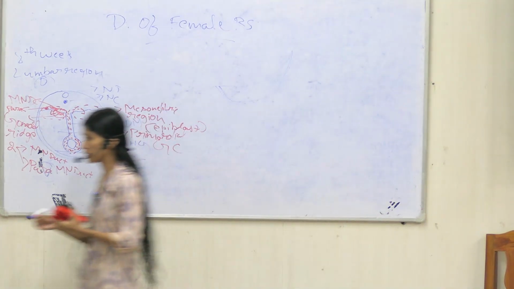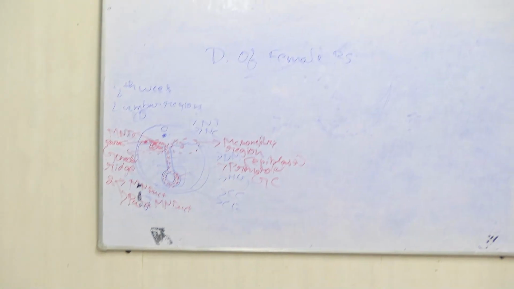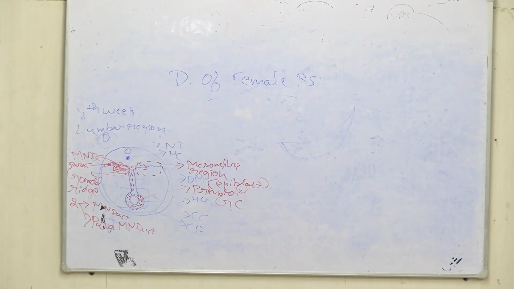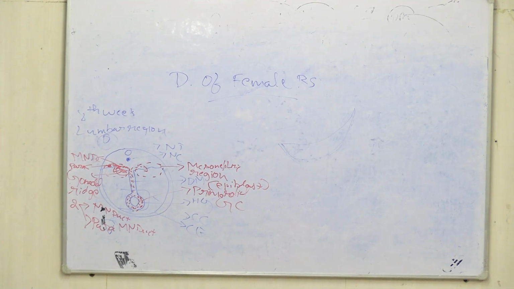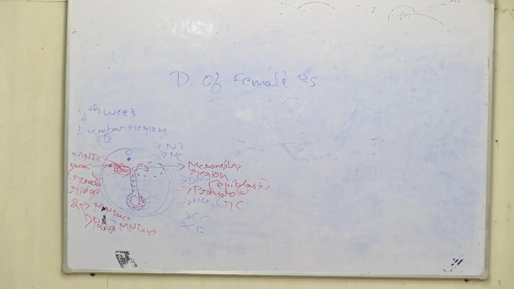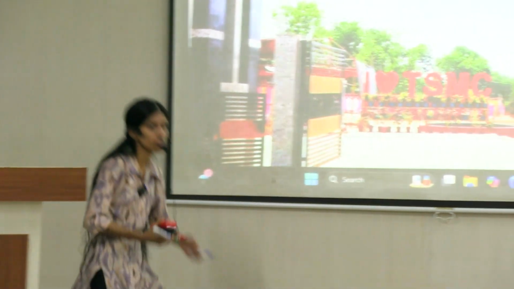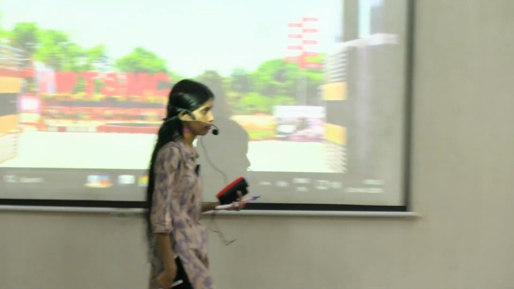The gonadal ridge has 2 important structures or layers. What are those? Outer cortex and inner medulla.